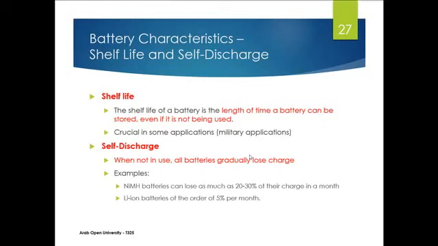For instance, to have an idea about these numbers, NiMH batteries lose up to 20 to 30% in a month, while lithium-ion batteries, which are commonly used in mobile phones, lose up to 25% per month, and this is very important.